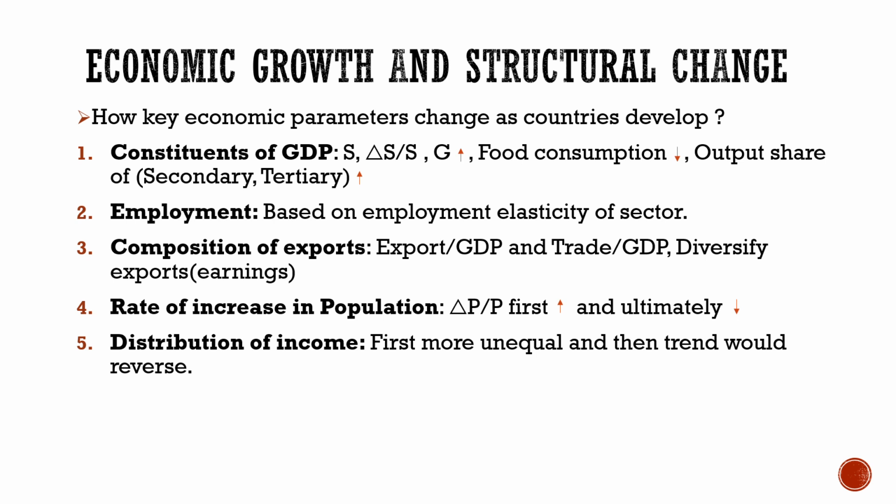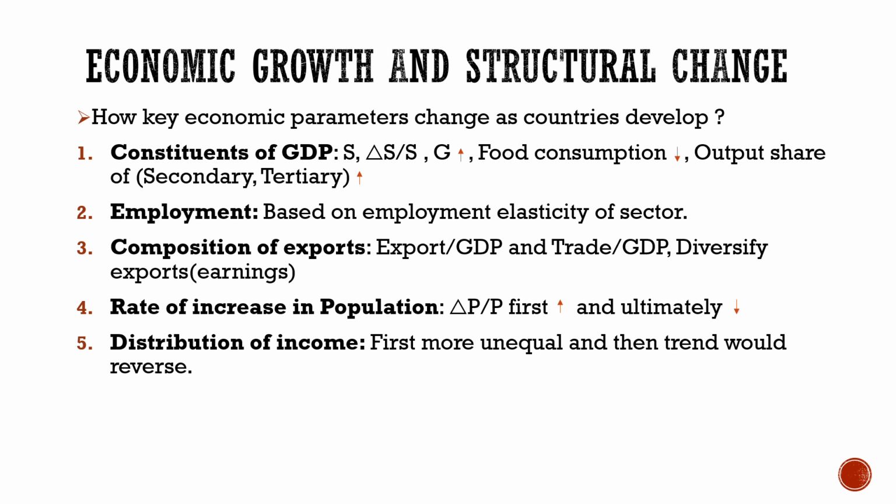The fourth thing is rate of increase in population, and when we talk about economic growth in the first stages, the population growth rate will eventually increase with the increase in income. But after income increases to a threshold level, then ultimately the rate of increase in population will decrease.